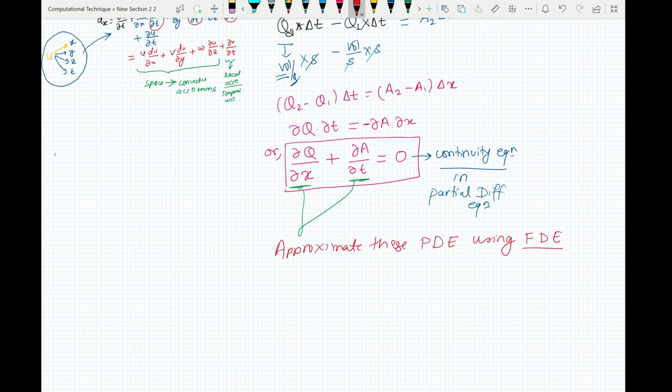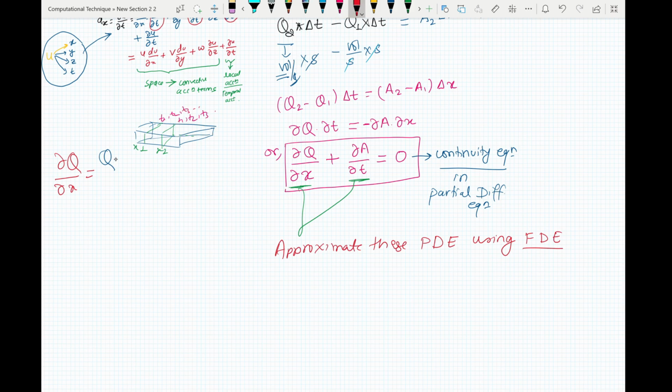Your dq by dx can be written as, if you have a channel like this, this will be one section, section 2, and so on, x1, x2, and you also have time dependent variable t1, t2, t1, t2, t3, and so on.